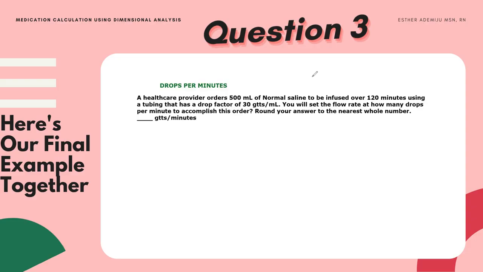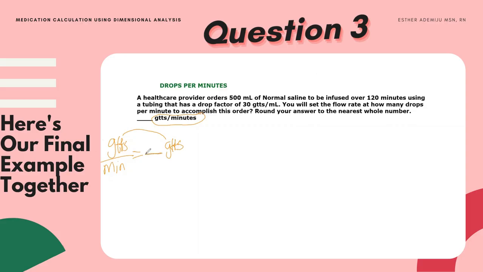All right, so again, the first step is to ask ourselves, what are we looking for? And we are obviously looking for drops per minute. All right, so we are going to go ahead and write that here, drops per minute. And again, the next step is to transfer over. So GTTS comes here, also known as drops.